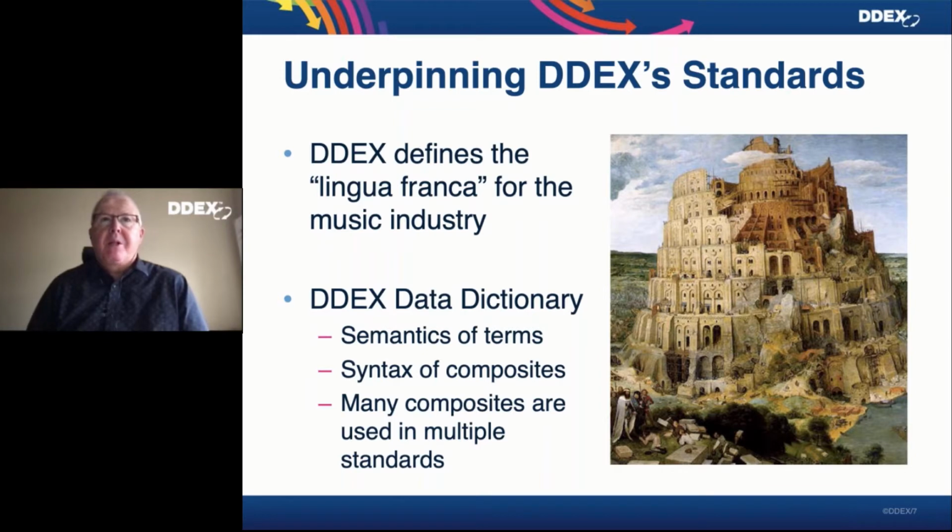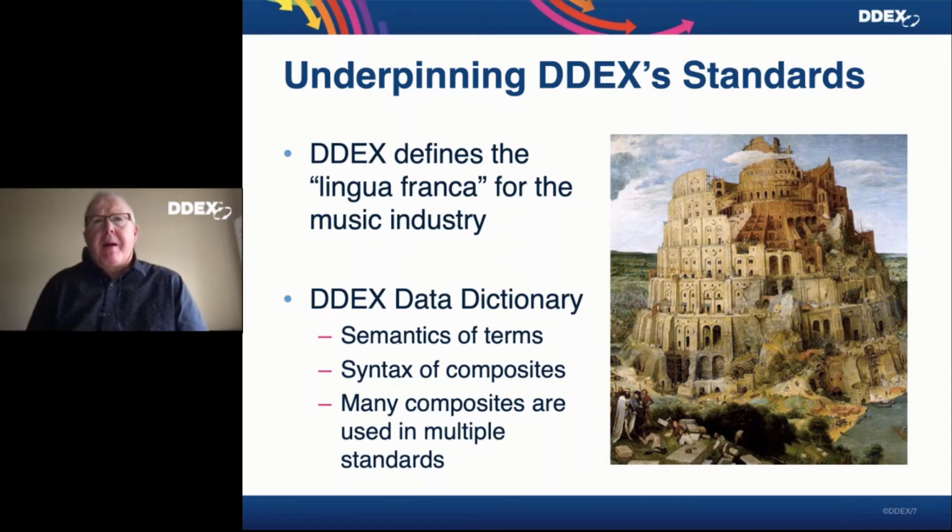So the data dictionary contains all of the semantics of all of the terms of all of the messages, the syntax of composites. Composites are sets of data that describe entities like sound recordings or parties, and have the data elements set out in a particular order with relationships between the different data elements within the composite to communicate information and describe, for example, a sound recording.